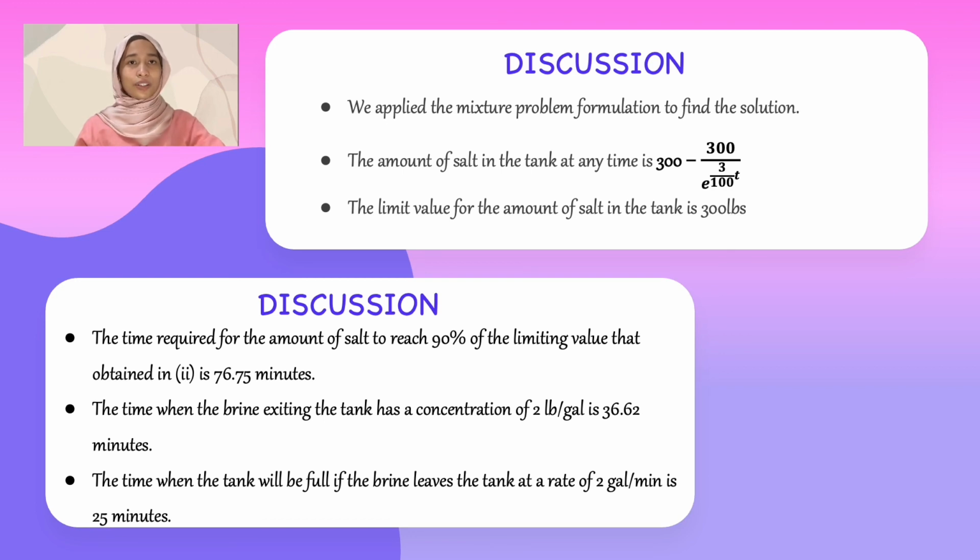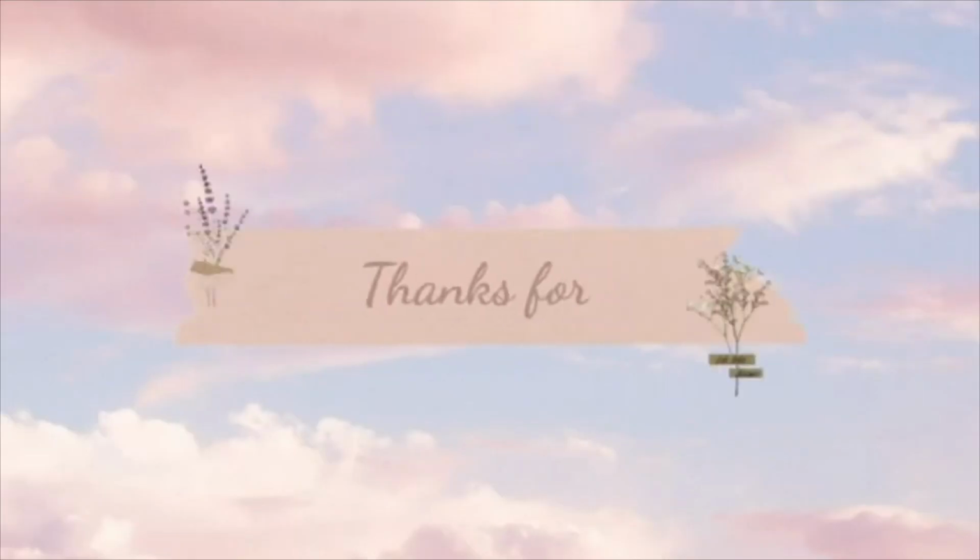The time when the brine exiting the tank has a concentration of 2 pounds per gallon is 36.62 minutes. The time when the tank will be full if the brine leaves the tank at a rate of 2 gallons per minute is 25 minutes.